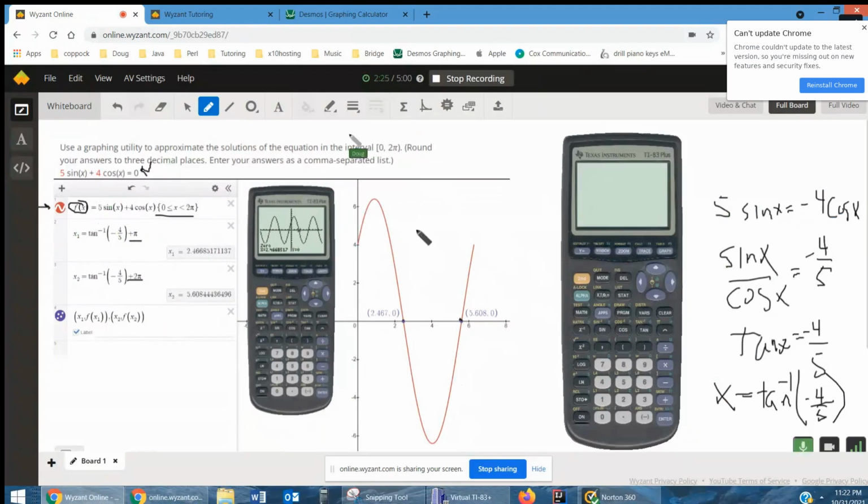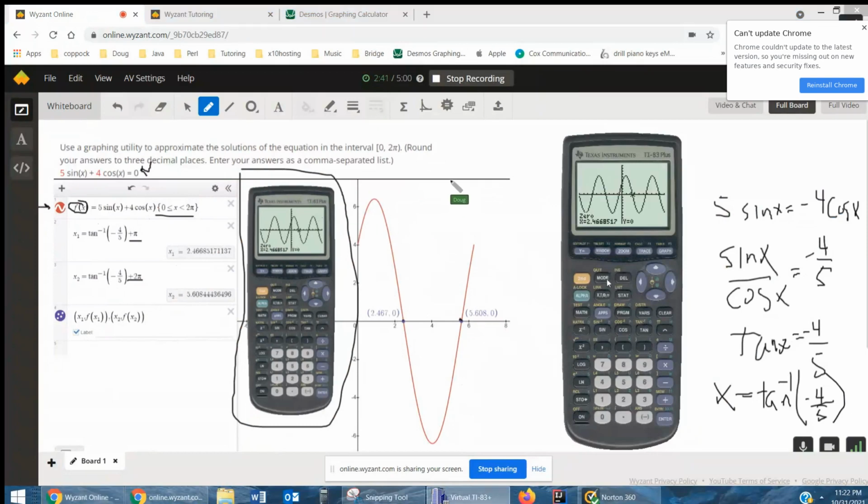And then we have the Texas Instruments. You might have a TI-84 or TI-83. This is a TI-83 simulator. What you do here is graph this function, and then under second trace, you use the 0 option.